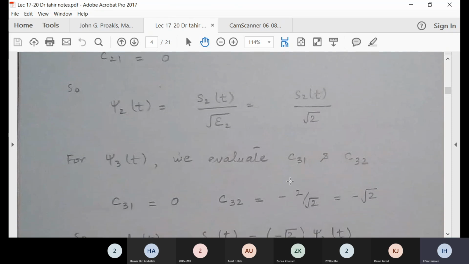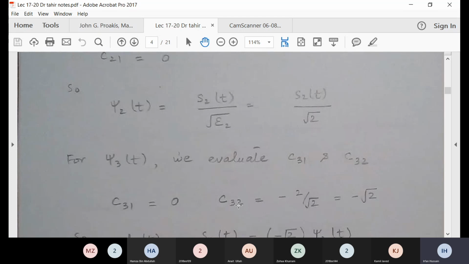Then for psi3 you have to take the projections of S1 and S2 on S3. So we took the projection C31. You can also call this S31, which means it is the integral of the S3 signal onto the psi1 signal.